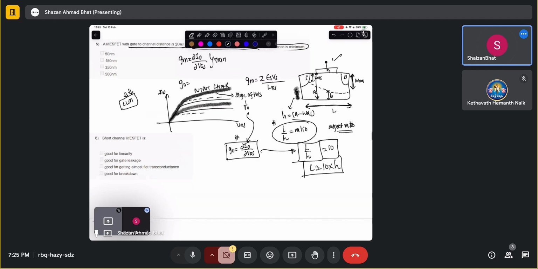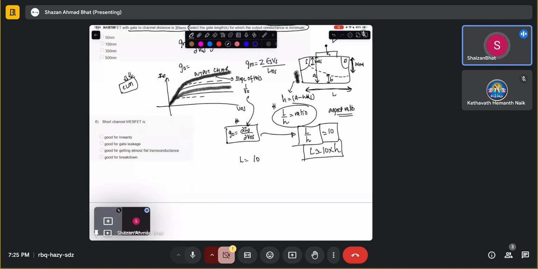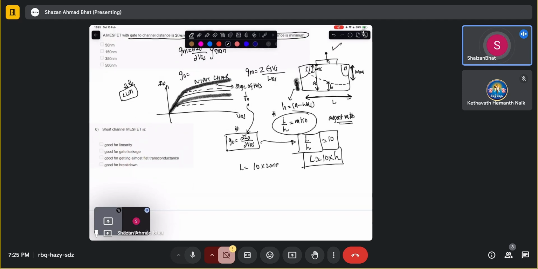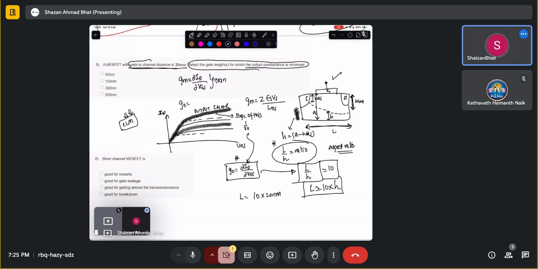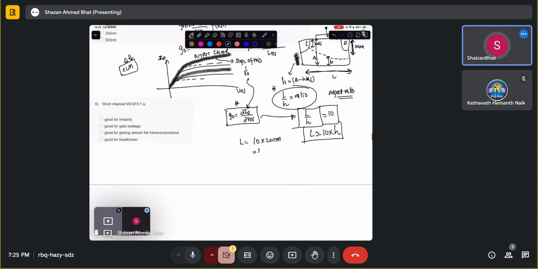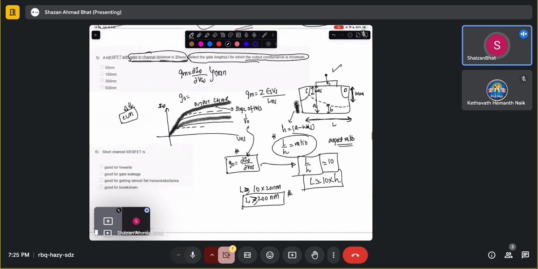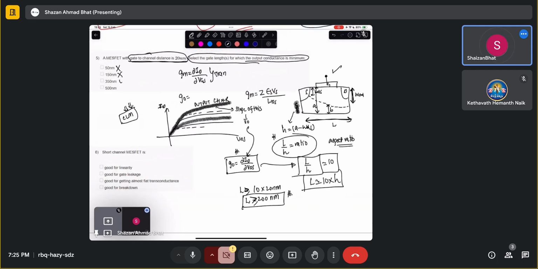If you have, let's say, the gate to channel distance given as 20 nanometers, that means L is 200 nanometers. It should be greater than or equal to this, so L should be greater than or equal to 200 nanometers. So these two are the answer to this question. L can be 350 nanometers, it can be 500 nanometers, for the output conductance to be minimum.